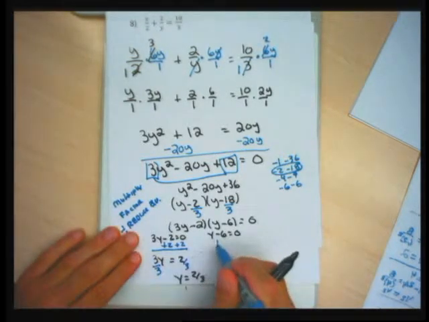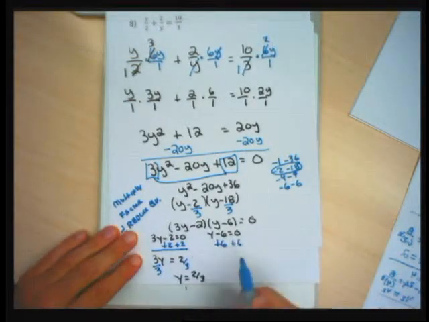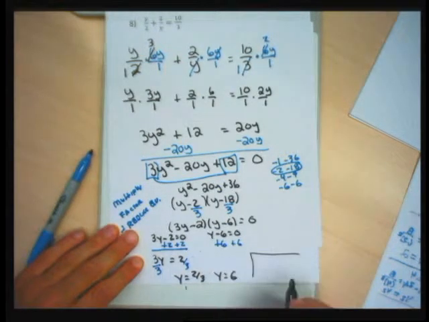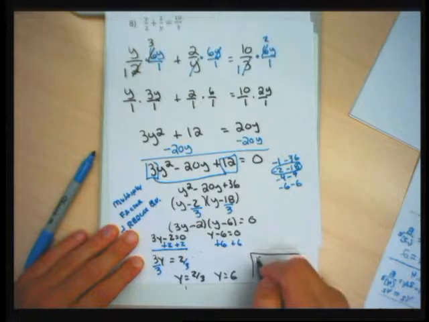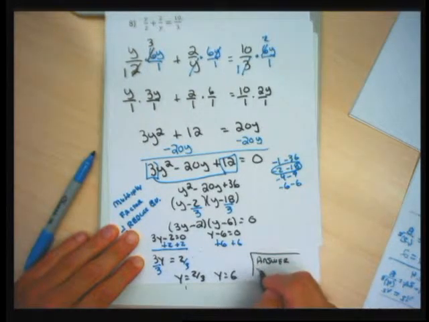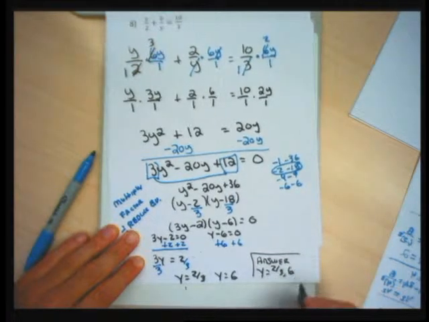And then the y minus 6, I do plus 6 and get y equal to 6. So for this problem, assuming I haven't made a mistake, the answers are going to be y equal to 2/3 and y equal to 6.